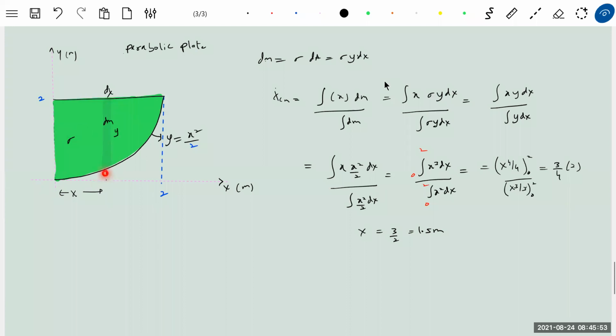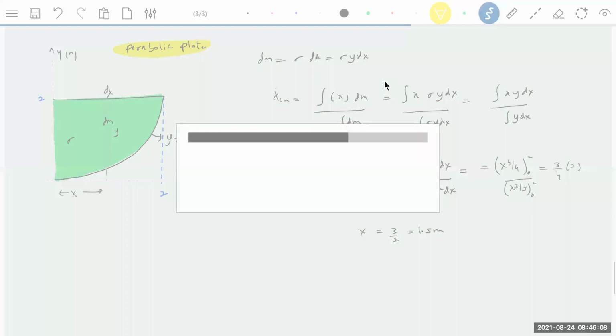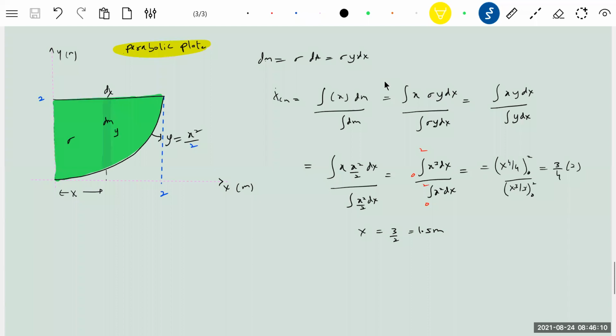Just have an idea: for a parabolic plate, we define the center of mass of the system like this, XCM it is. This is about the parabolic plate, so we'll go for one triangular plate.